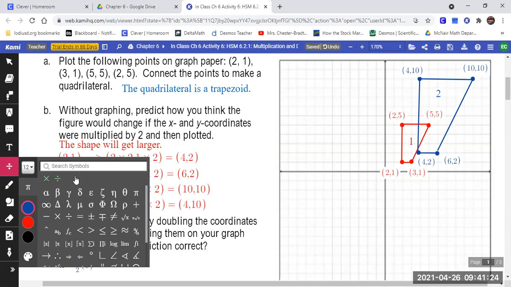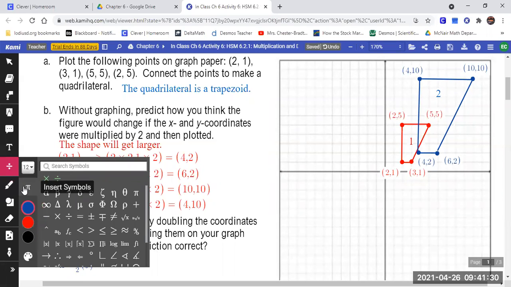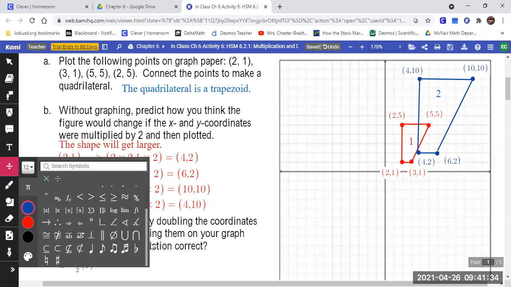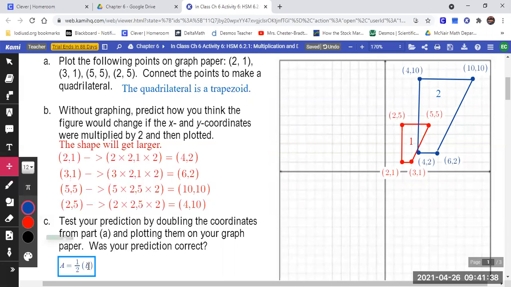Okay, we'll just do it as a base 1, base 2 instead of a sub. Normally in math, you're supposed to put the little 1 and 2 down below, right? It's supposed to be not even with the letter, but I don't see how to do that in here. So base 1 plus base 2, times our height. That's our area formula.